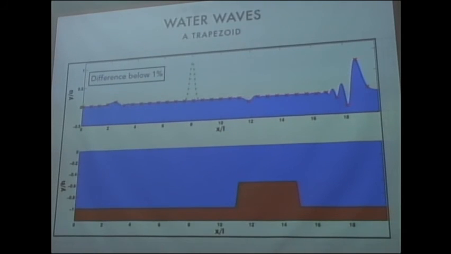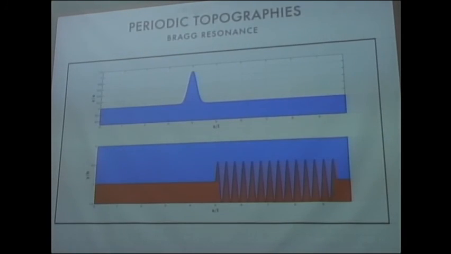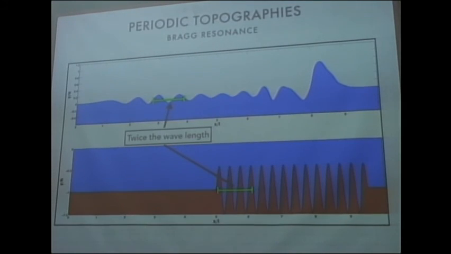Okay, so next, we wanted to consider, for example, periodic topographies. In this case, our method captured what we expected, and it is called Bragg resonance.